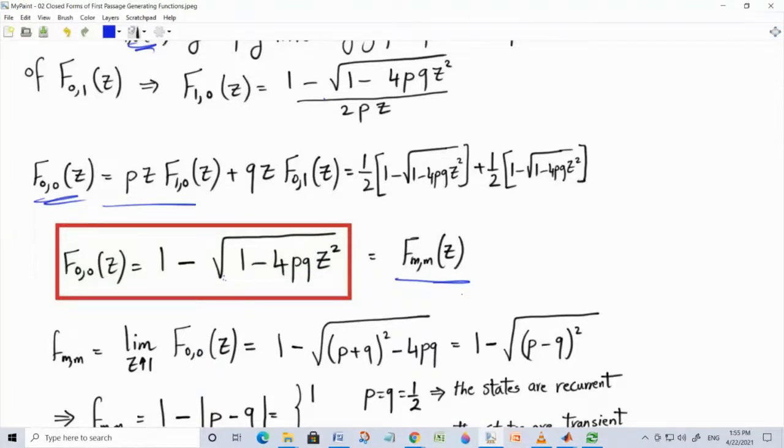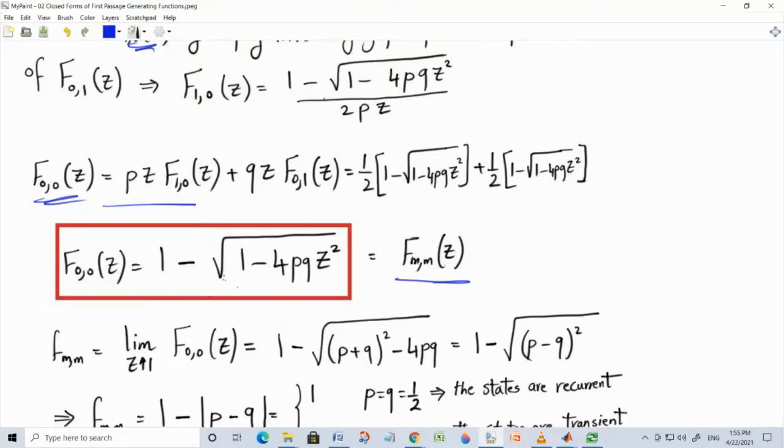We have now the generating function of the first passage time from a state to itself. So this is the generating function of the random variable which is the number of steps taken, starting from 0, to enter 0 again for the first time.